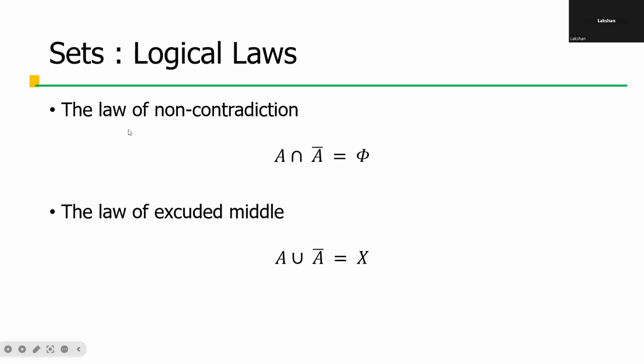Another one is the law of non-contradiction. We have a set again, and I'll draw it like this. This is the universal set, and this is A, the subset.